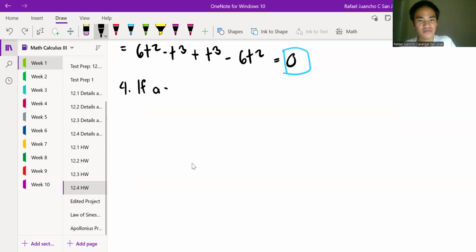If vector A is i minus 9k, I'm gonna translate it immediately to a vector form. So 1i, 0j, negative 9. Here it says B is equal to j plus k.